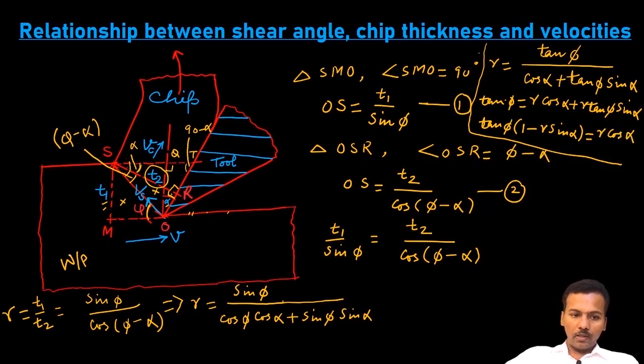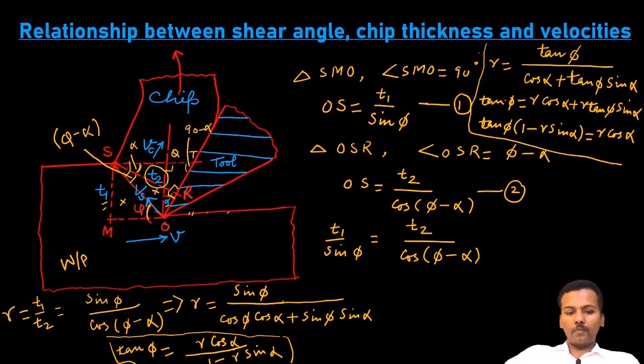Now from this equation we get the relationship, tan phi equal to r cos alpha upon 1 minus r sine alpha. So this is the equation that we finally get.